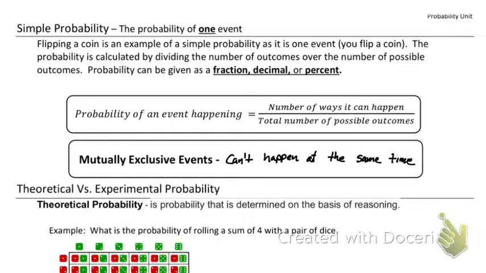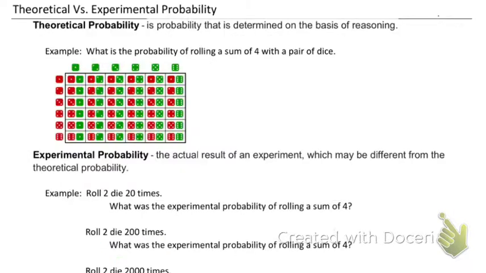Cool. All right, now let's talk about theoretical versus experimental probability. So the first one we're talking about is theoretical probability. Well, that is the probability that is determined on the basis of just reasoning. I'm not actually rolling all these dice. I'm presenting the sample space, and we're using that information to come up with this probability.